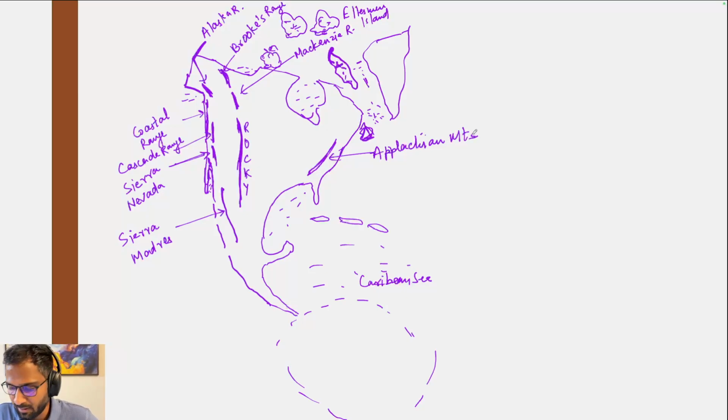Now coming to the plateaus. So over here, in between the Cascade Range and the Rockies, we have one plateau called the Columbia Plateau, and between the Sierra Nevada and the Rockies, there is another plateau called the Colorado Plateau.